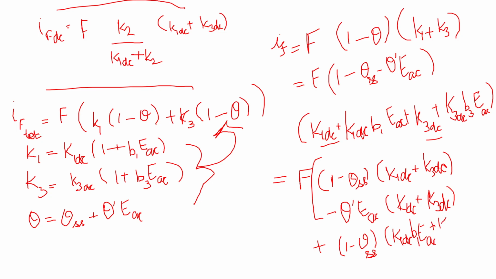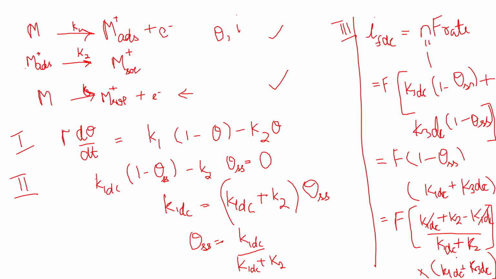So 1 minus theta SS is multiplied by the other terms which involve EAC. Now, can I multiply minus theta dash EAC into all these terms? Yes, I can. What will happen? EAC into EAC, EAC square. That value is already in the range of millivolts, so if you square it, it's going to be an even smaller value. So you can actually neglect that. So finally, the equation will have only these many terms.